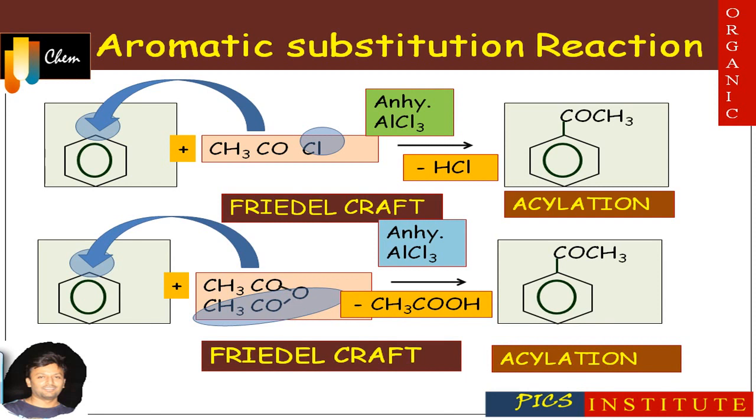So students, remember, two acetylating agents are ethanoyl chloride and acetic anhydride. We prefer acetic anhydride because reactivity of ethanoyl chloride is very high and we cannot control the reaction of ethanoyl chloride. So the better acetylating agent is acetic anhydride.